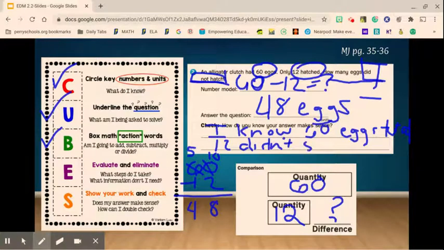So I found the difference. When you find the difference, you know that you are subtracting. It is important that you explain how you solved your problem and what you know.